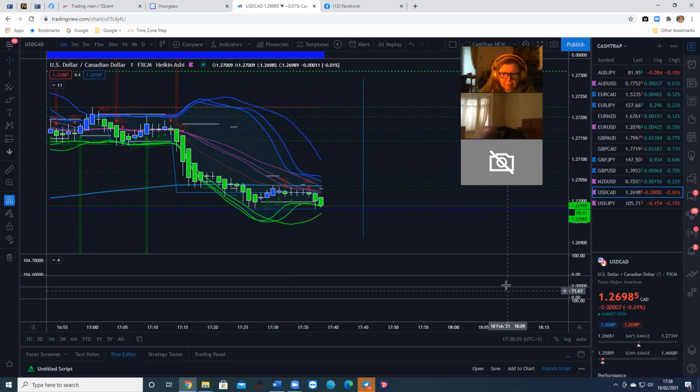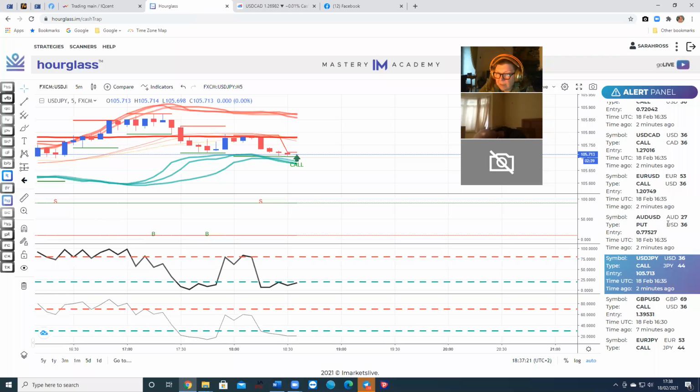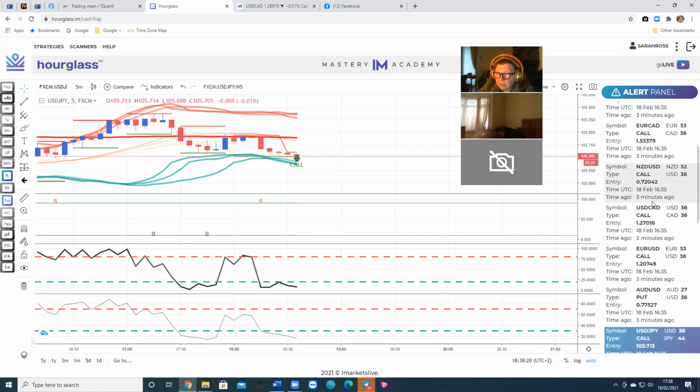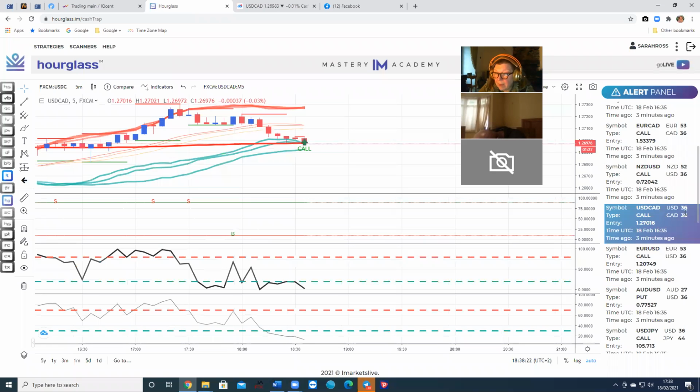So I don't think I want to take that either. Let's look on HourGlass, USD CAD. They're both the same. They're both 36.36. So that's not really giving me a lot of confidence. We don't really want to take something like that.